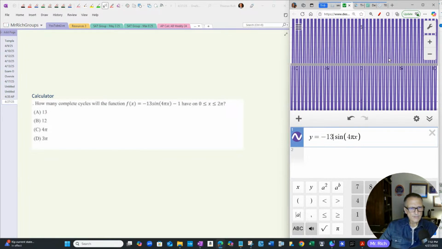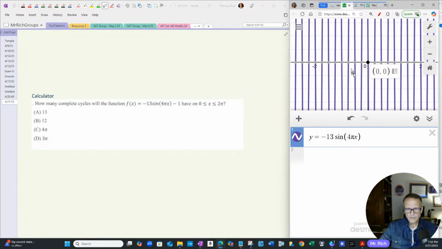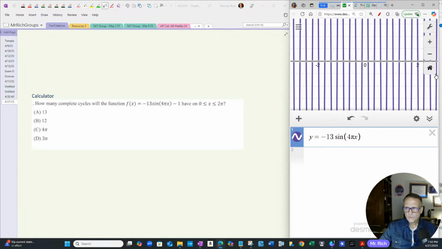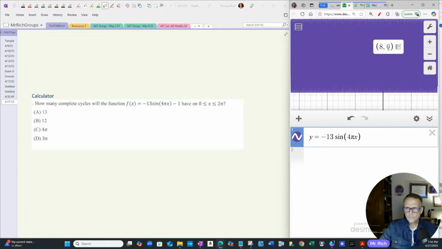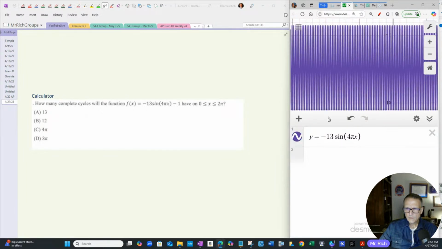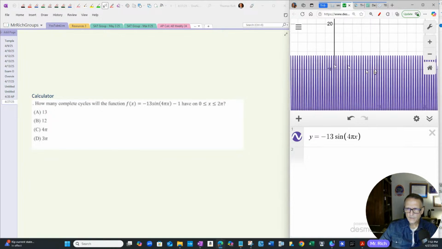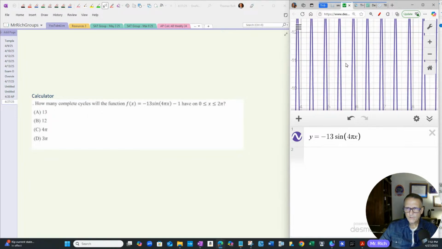It says, now, how many complete cycles will it have? Well, what I'm going to do is zoom in here and find out. I want to look at how long the period is.